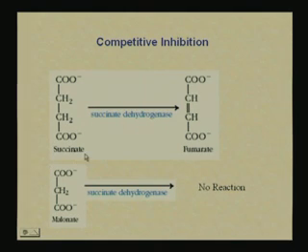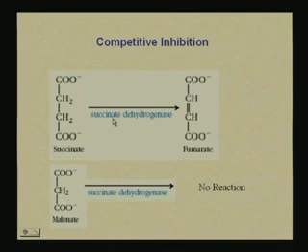So, here is succinate, here are the hydrogens, and it is going to form the double bond. This enzyme works only on succinate and removes the hydrogens to form a double bond here.